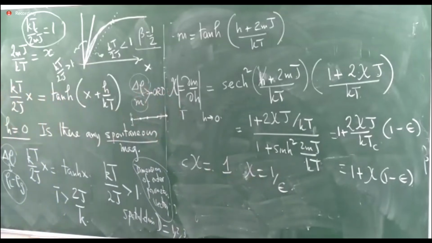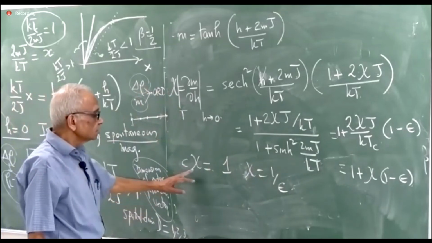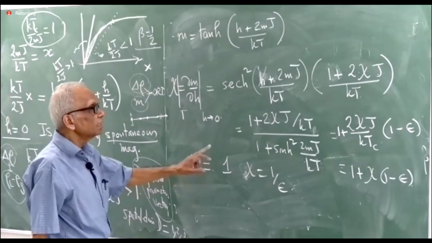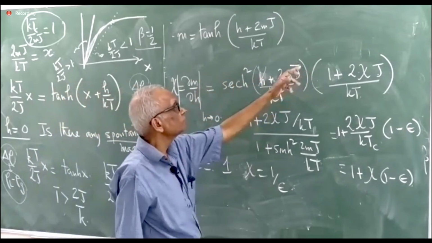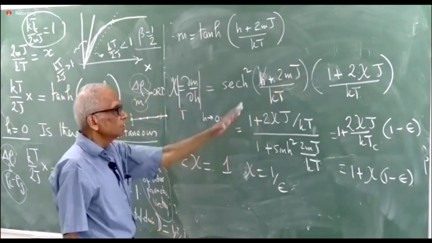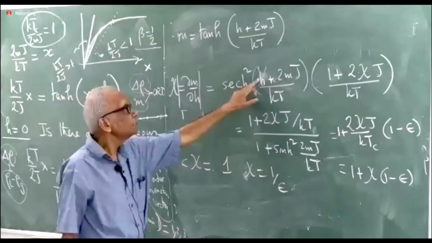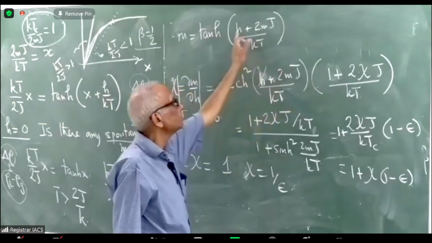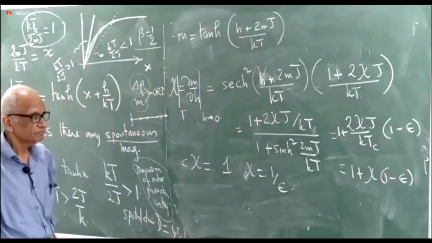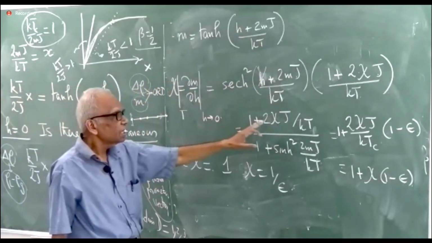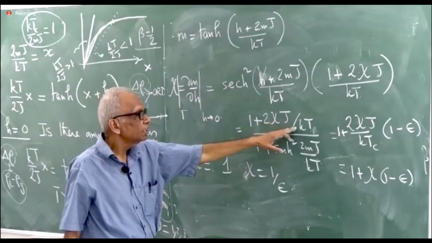All right, so that's that. The susceptibility epsilon chi, sorry about that, I should have dropped it after taking the full derivative. So it is droppable here, but not droppable when I'm doing the h derivative. So 1 plus 2 chi J over kT.